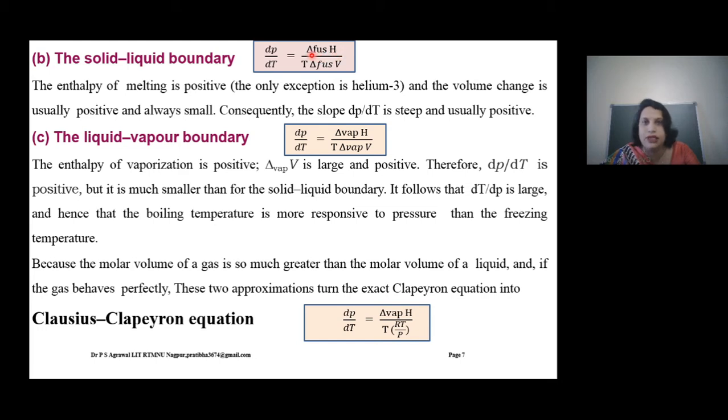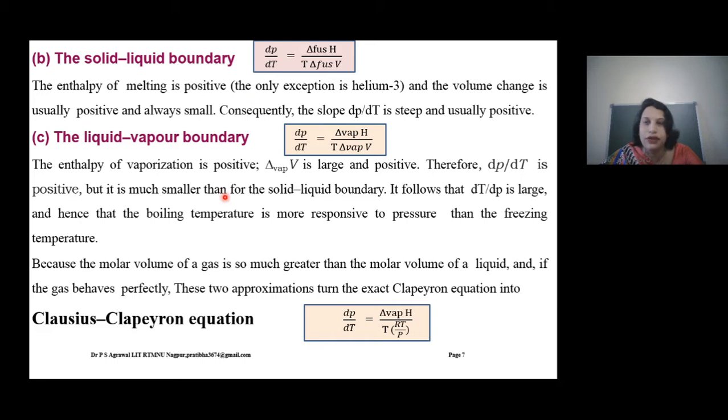Delta S can be replaced by delta H by T. The enthalpy of melting is positive, except in helium, and the volume change is usually positive and is always small. So this slope is steep and usually positive for the solid-liquid boundary.